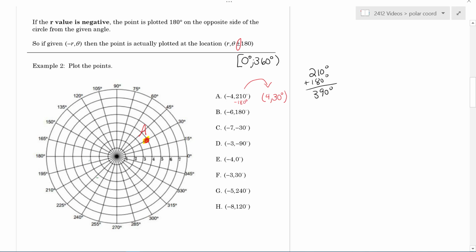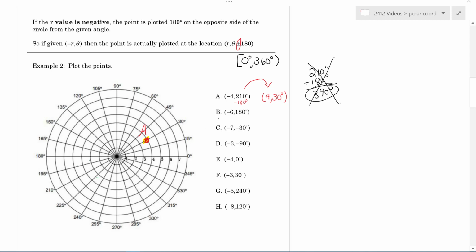So what I do is I typically add or subtract 180, whichever one will keep my angle between 0 and 360. But like I said, officially it doesn't matter. This would still be plotted in the same location. So you can add or subtract. I am going to add or subtract depending upon what would keep my angle in between 0 and 360.